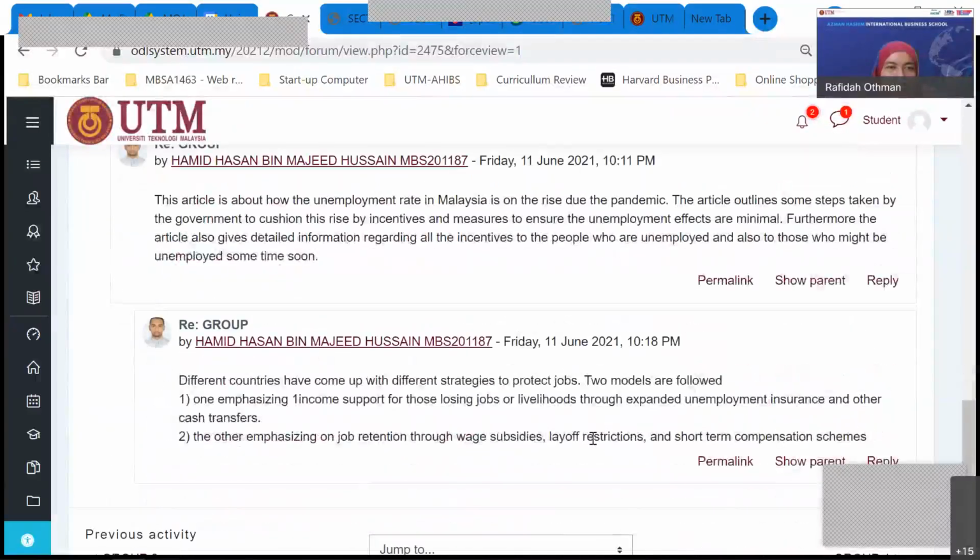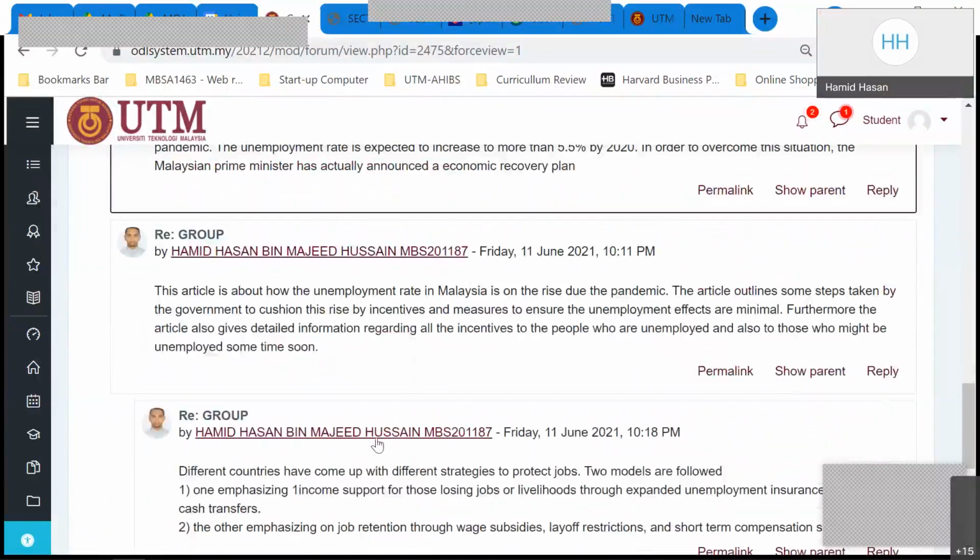And Hamid? Hi, Doctor. Just a quick post here after going through the article. For someone like me who does not live in Malaysia, this article gives me great insight into what the government is doing to cushion the effects of unemployment. We've had the projection going from above 3.9% to 5.5%, which is understandable given how long the pandemic is taking to recover from.